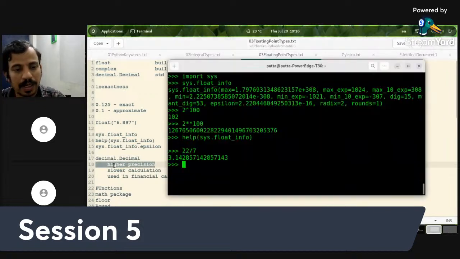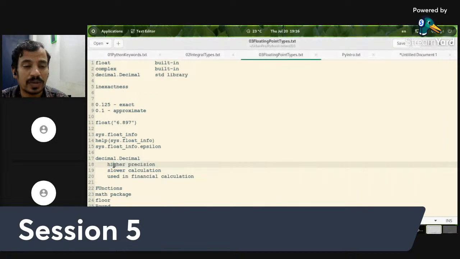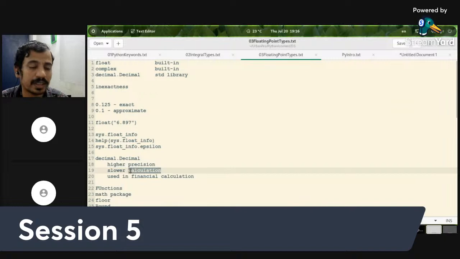It means you can have more values after the decimal point, and it also gives you a much larger range than float. You can even store much larger numbers that cannot be stored in a float value. But there is a catch. Because it provides you higher precision, the calculations are comparatively slower when compared to float.